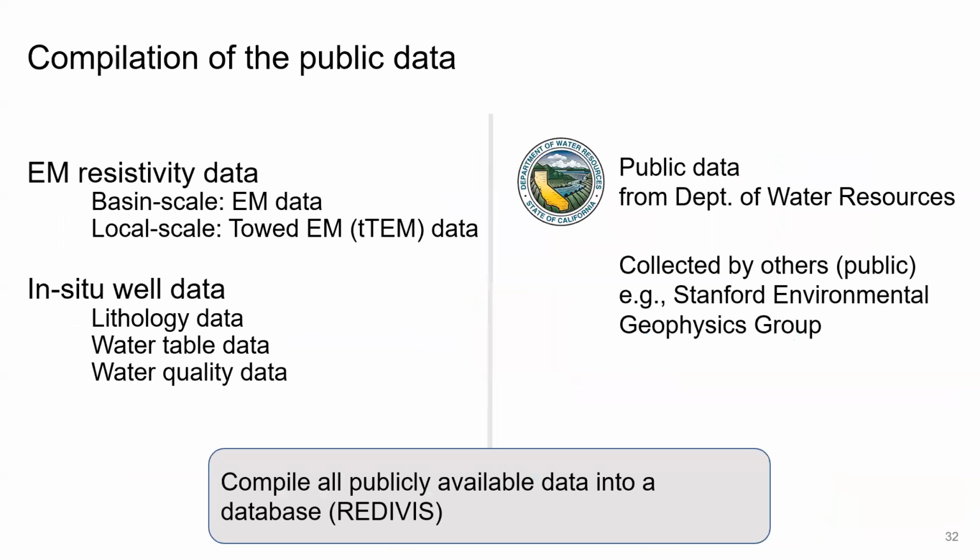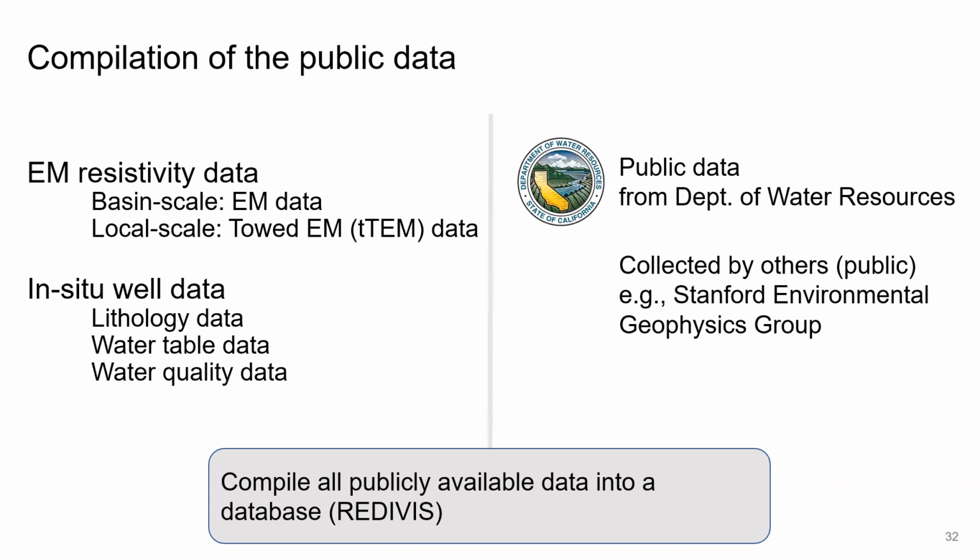And given this is Love Data Week, I want to mention the public data that we compiled. We compiled the EM resistivity data at the basin scale, that means airborne EM, and local scale, TDEM. It was mostly provided by the Department of Water Resources.